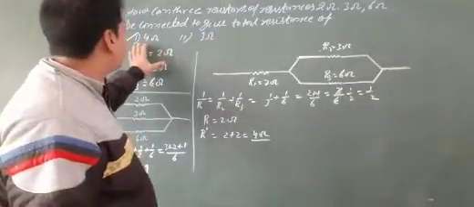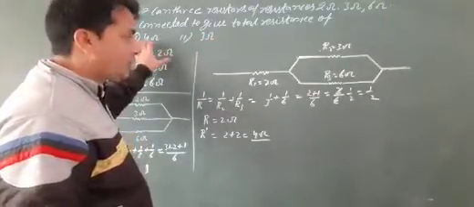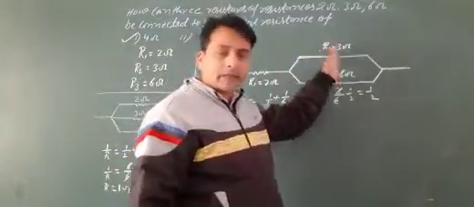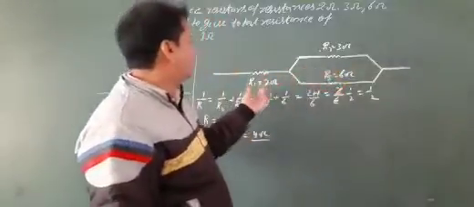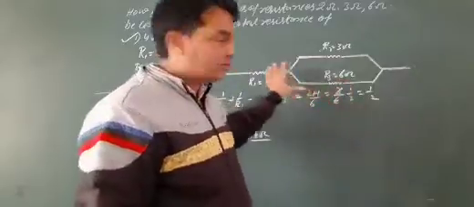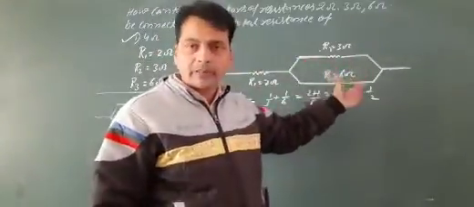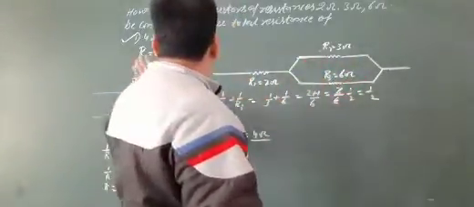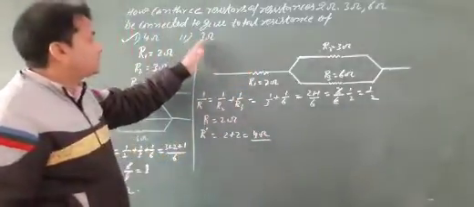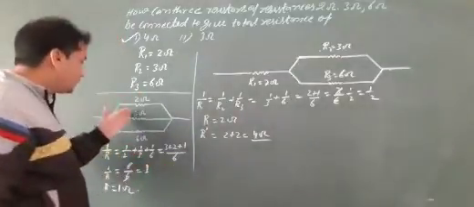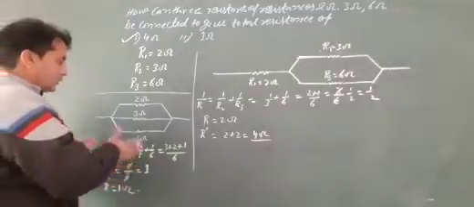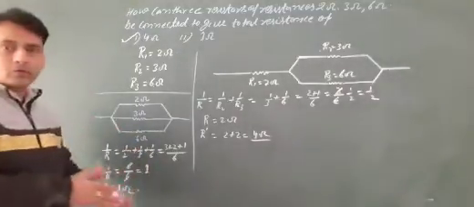It is clear that for the total resistance of 4 ohm, the 3 and 6 ohm are connected in parallel and the 2 ohm is connected in series, then the net resistance is 4 ohm. And if the 2, 3 and 6 ohm are connected in parallel combination, the total resistance is 1 ohm.